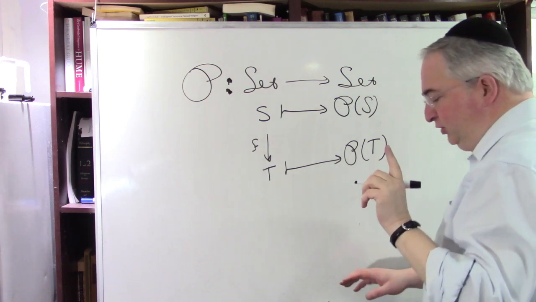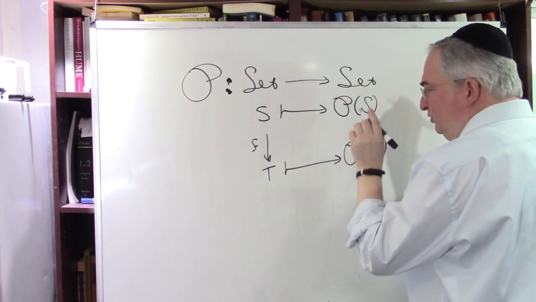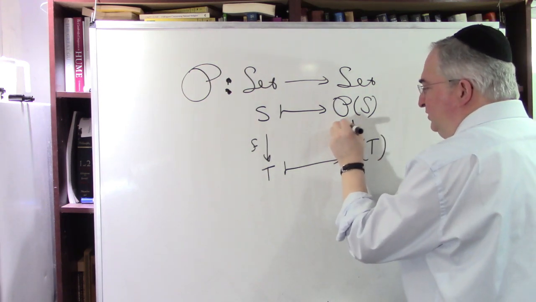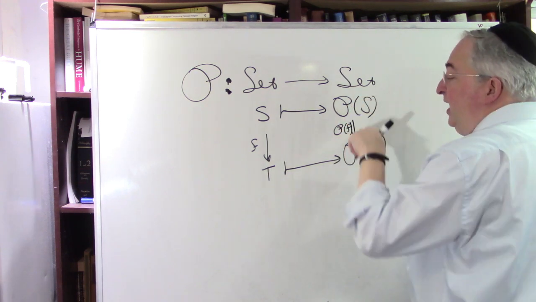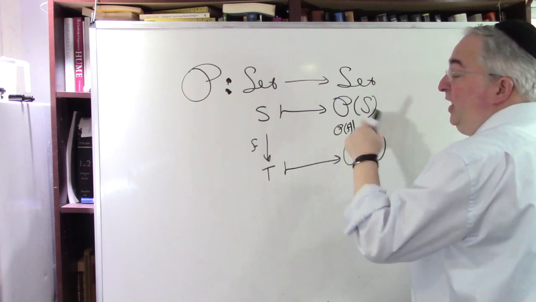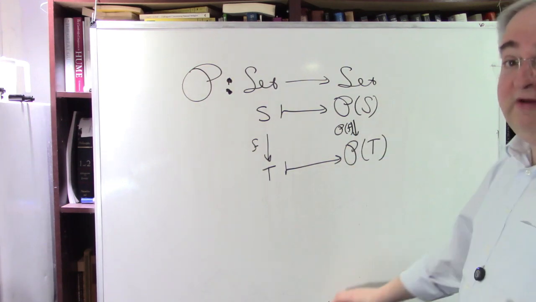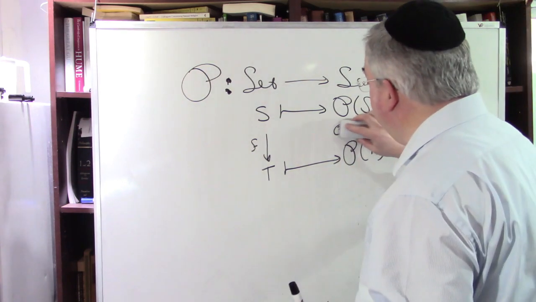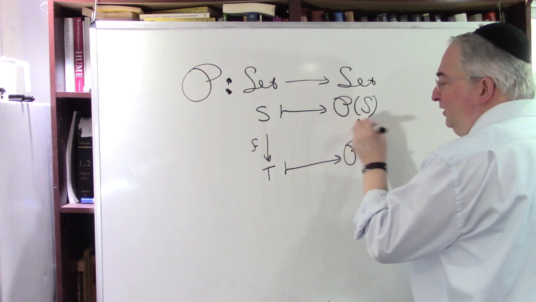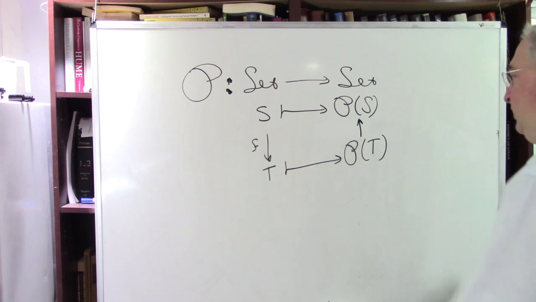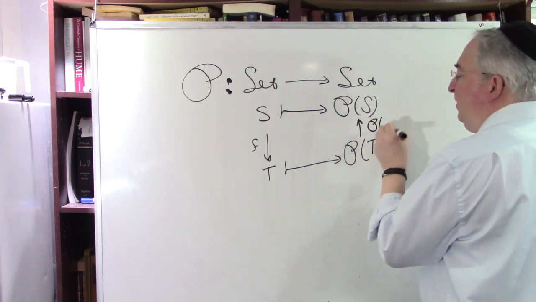I'm going to draw this, but I'm going to erase it in a second, so don't draw this if you were taking notes. This is the power set of F. It takes a subset of this guy and maps it into what F does. We call that the direct image. Very nice, but I don't want to do that. I want to do it contravariantly. So this is a contravariant power set functor.